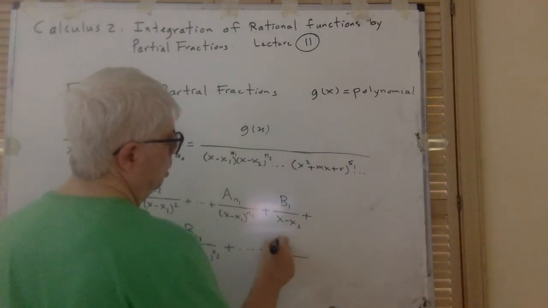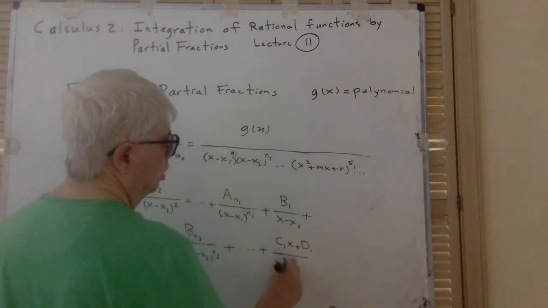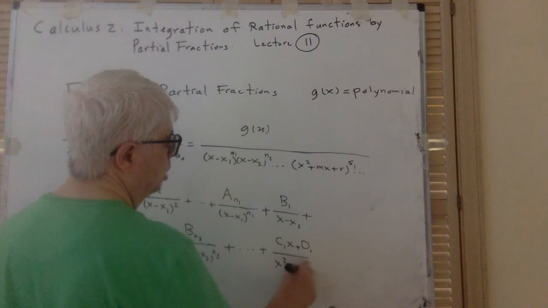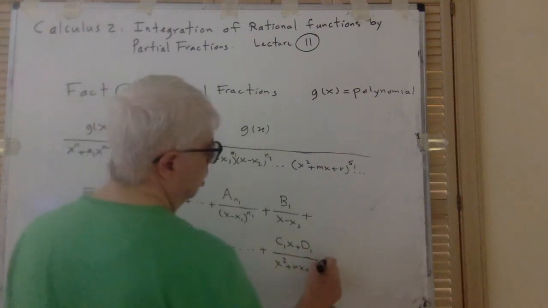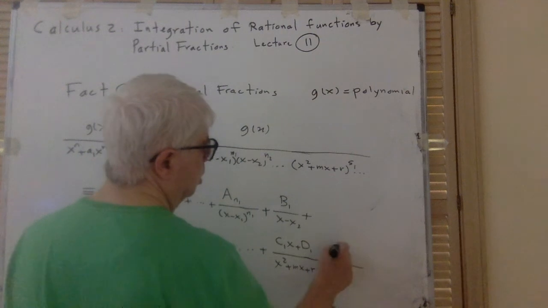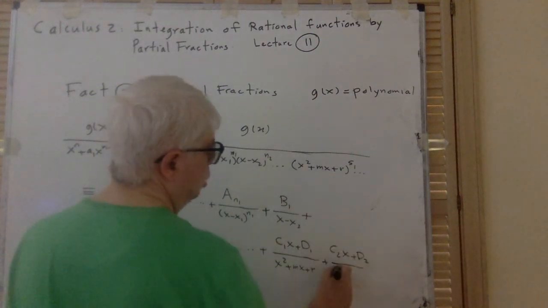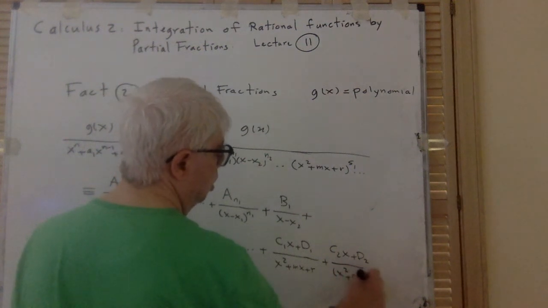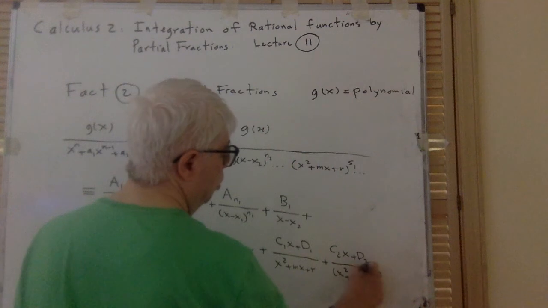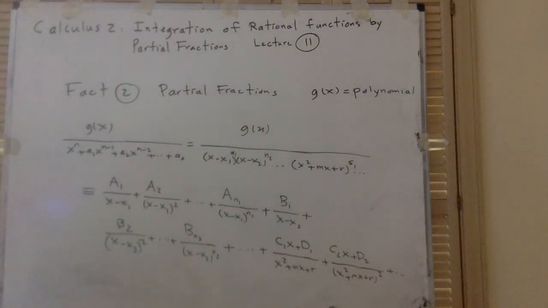So we have (c1 x plus d1) over (x squared plus mx plus r) to the power 1, then (c2 x plus d2) over this one to the power 2, and this continues up to power s1.